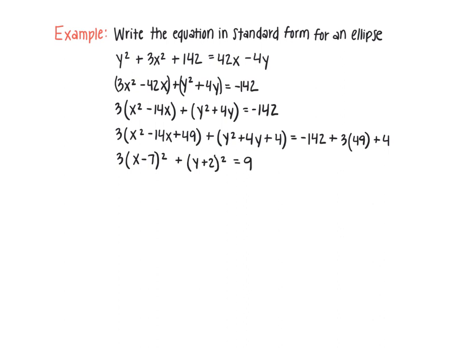Now, the important thing about ellipses is that an ellipse equation in standard form is always equal to 1. So in order to make this equal 1, we have to divide our entire equation by 9. So let's go ahead and do that. Divided by 9, divided by 9, divided by 9.